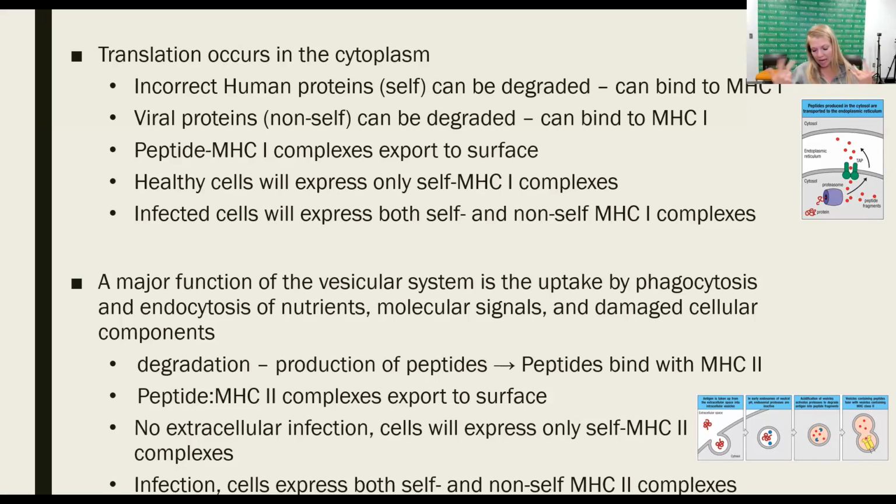If there's no extracellular infection occurring, then cells are only going to present peptides that were brought in, but they're still self. But if there's an infection going, not only will self peptides be brought in, but also non-self. And so again, you'll have that combination of self and non-self peptides being displayed.